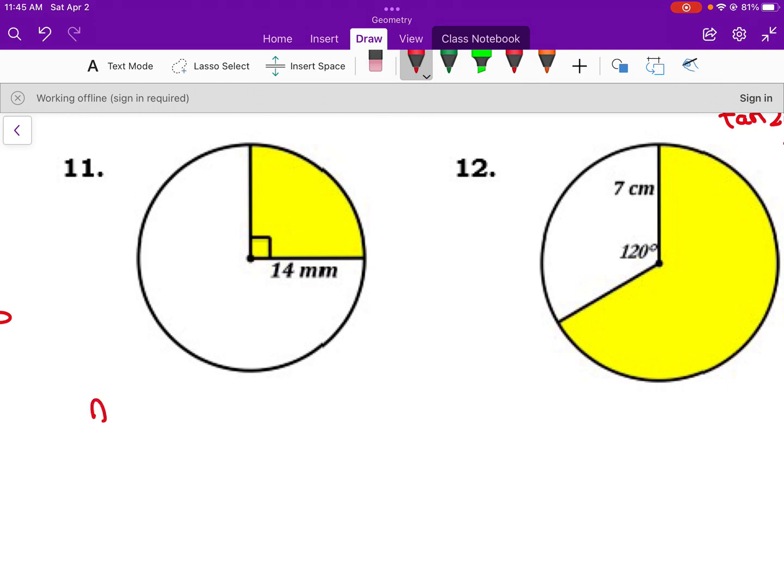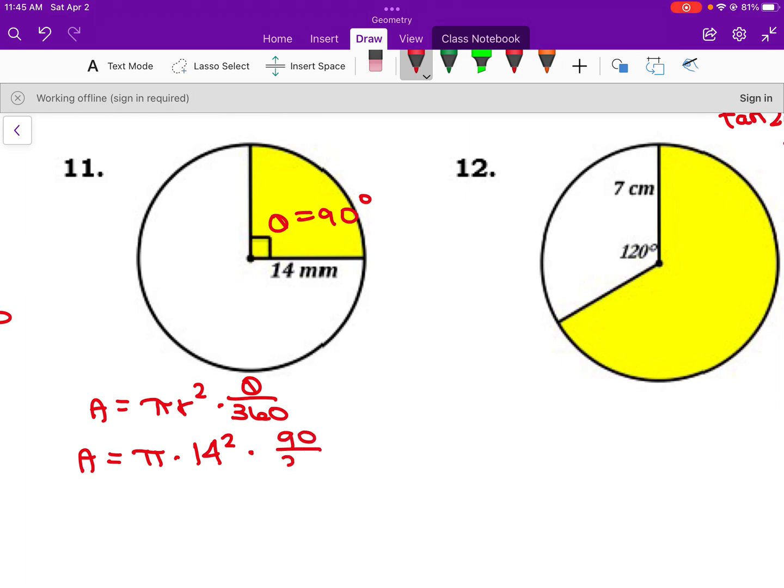Now we're looking at area of a sector. So we said area of a sector is essentially just the circle formula, pi r squared, but then you're going to multiply it by the measure of the central angle out of 360. So in this case, my central angle is 90 degrees, as evidenced by that little box. So I'm taking pi times my radius of 14 squared times 90 out of 360.